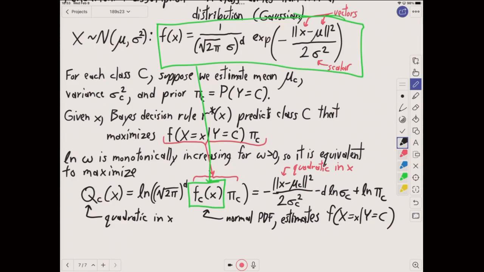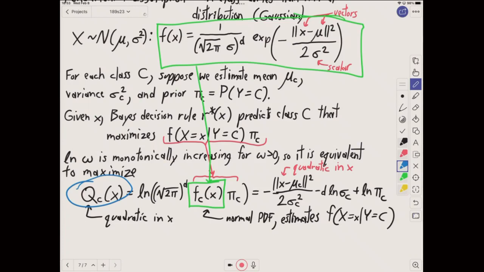All right, so one more time, what I'm going to do is compute this quadratic function for each class. This works if I have more than 2 classes. So if I have 5 classes, I can have 5 of these quadratic functions, one for each of the 5 classes.